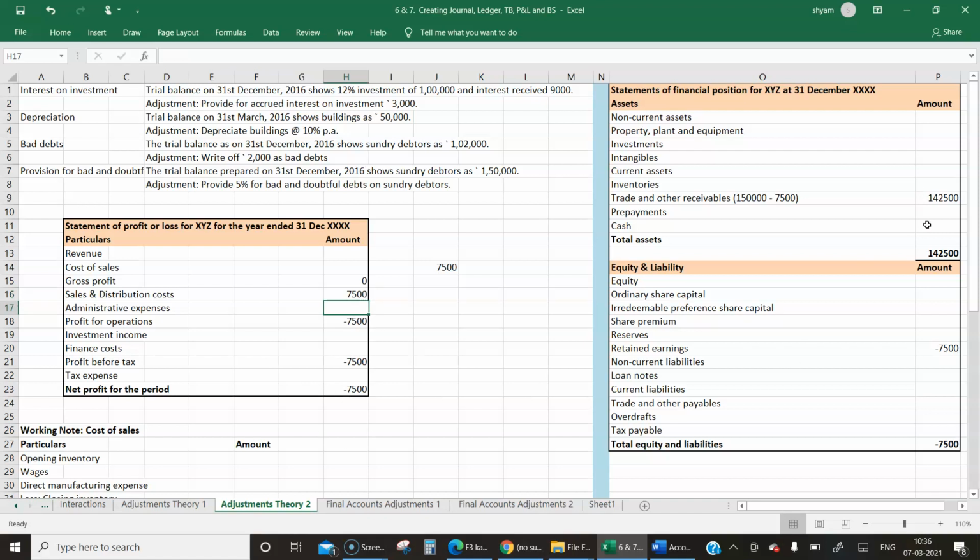On the asset side we've reduced the asset value by 7,500, and on the liability side we are reducing the numbers by 7,500. So these are the provisions here. We got an idea about all the provisions. Now our job is to apply these concepts to the problem.